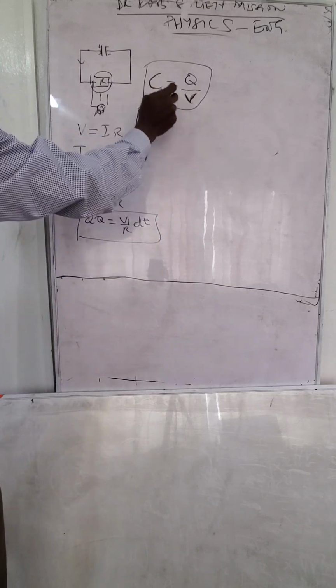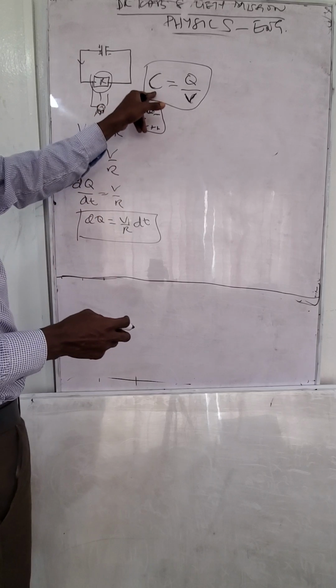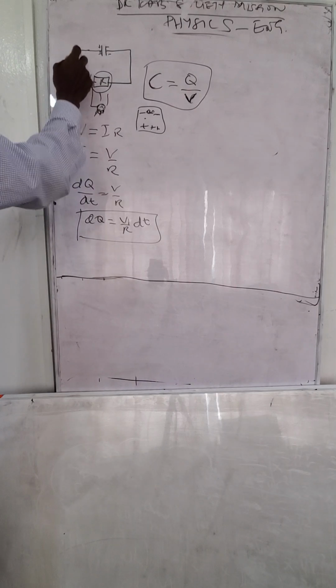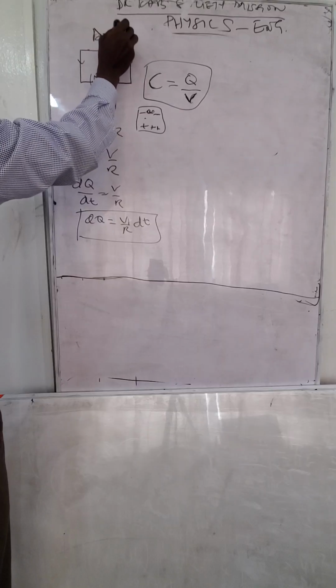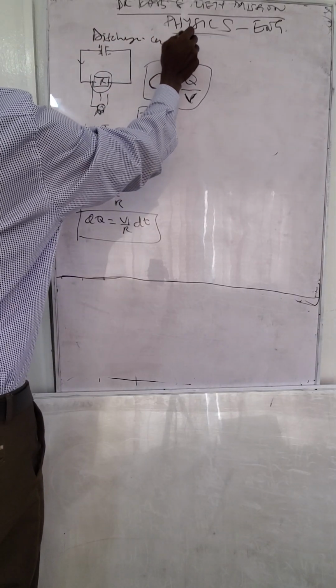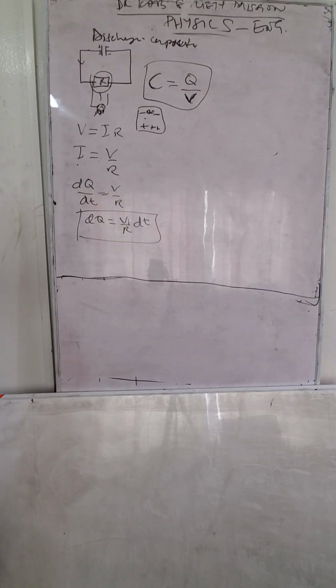This will help. So putting this in the equation, we want an expression that has capacitance in it, so that we get an equation to look at this. So this is more or less a discharging capacitor. It is discharging, it's not charging.